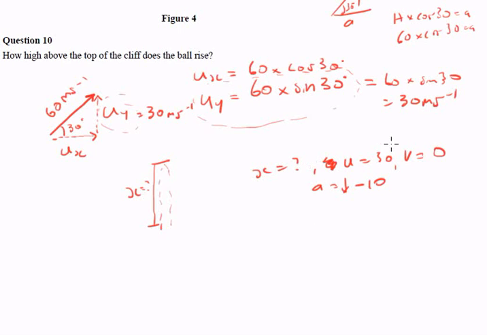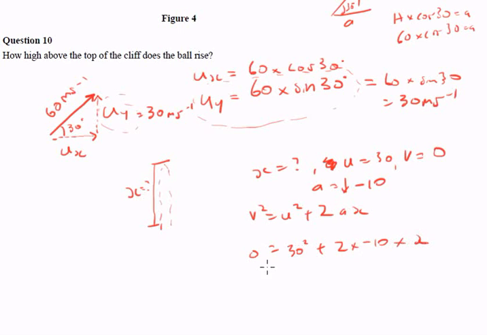And then we can put all of this into an equation of motion. The one that has them all is v squared equals u squared plus 2ax. So that's 0 equals 30 squared plus 2 times negative 10 times x.